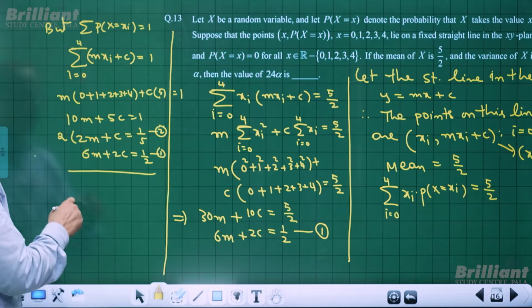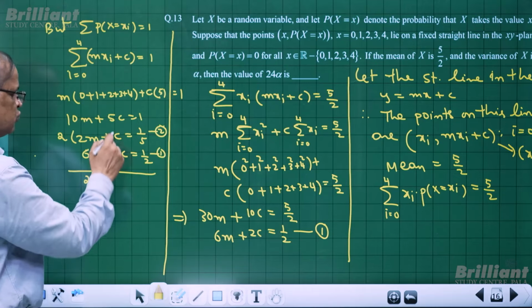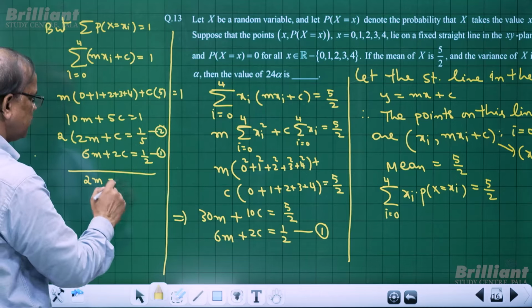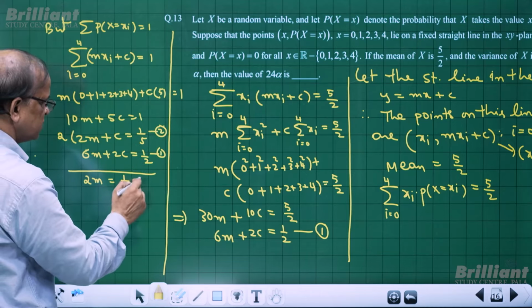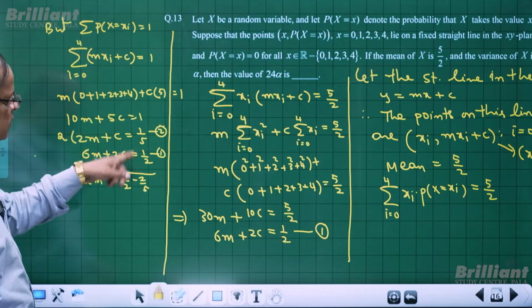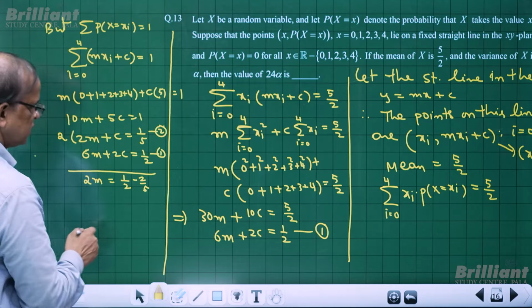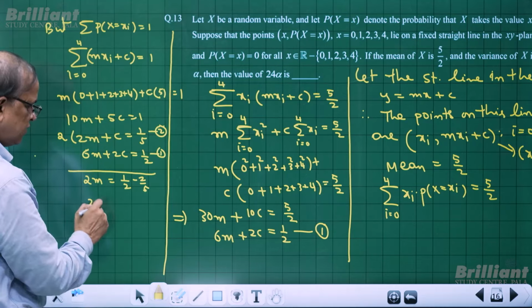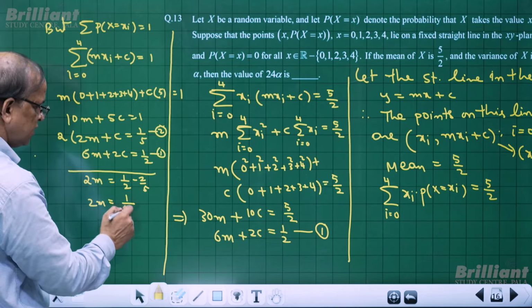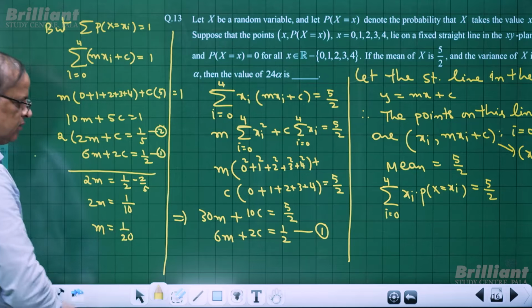This is 6 minus 4, 2m, and 2c cancels, so 1 by 2 minus 2 by 5. Therefore 2m is equal to 1 by 10, so m is equal to 1 by 20.